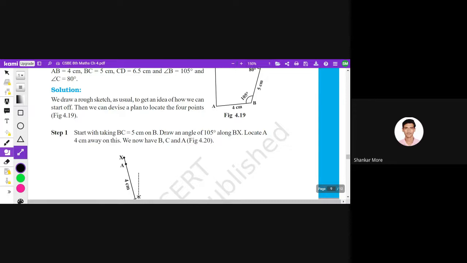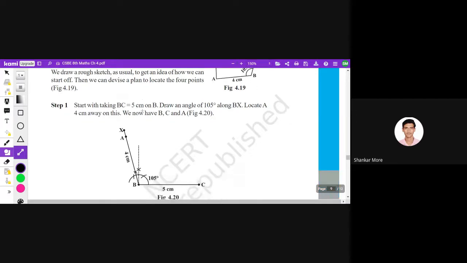Okay, so I hope you understand the fact that it is going to be convenient for us if we draw BC first, right? So पहले BC draw कर लिया, 5 centimeter का, and then we have to draw.